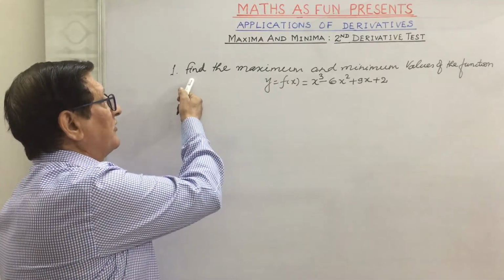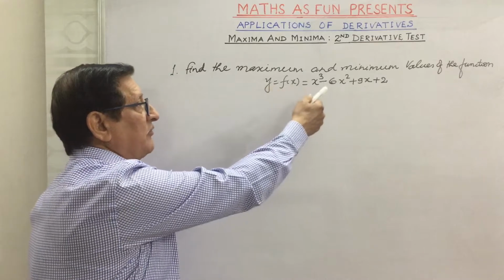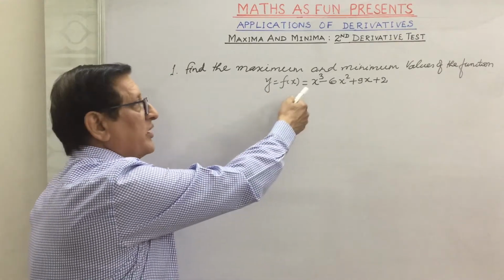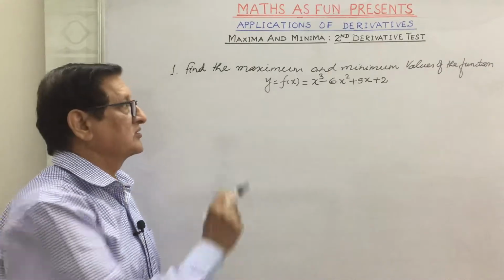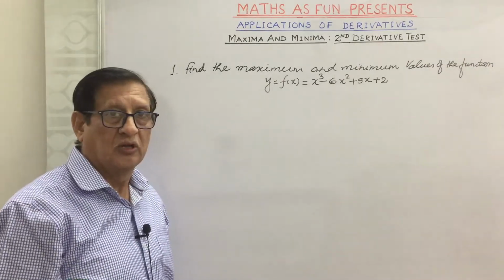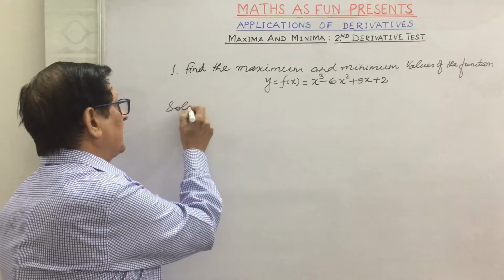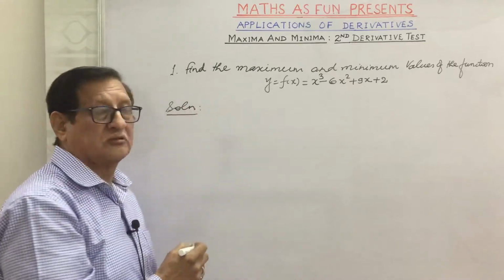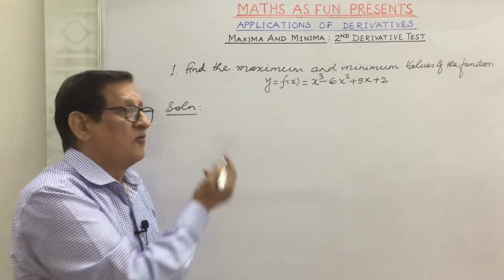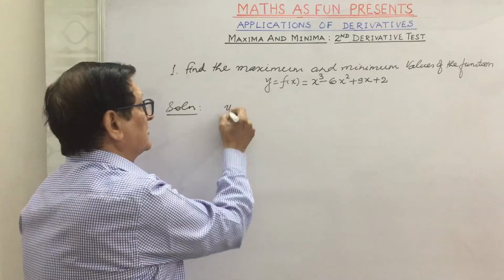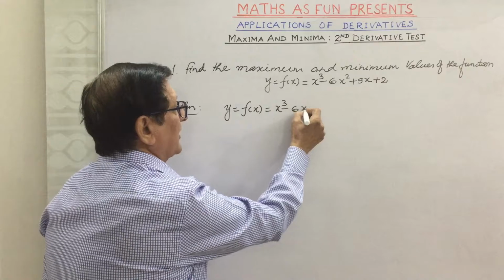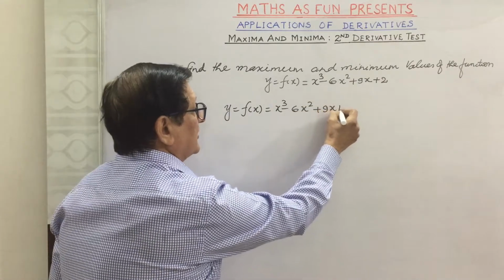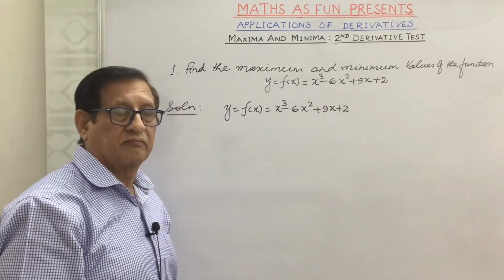Like the first one, we have to find the maximum and minimum values of the function y equal to f(x) equal to x cube minus 6x square plus 9x plus 2. To find the solution by using the second derivative test, we use the algorithm. First we will write the function y equal to f(x) equal to x cube minus 6x square plus 9x plus 2.